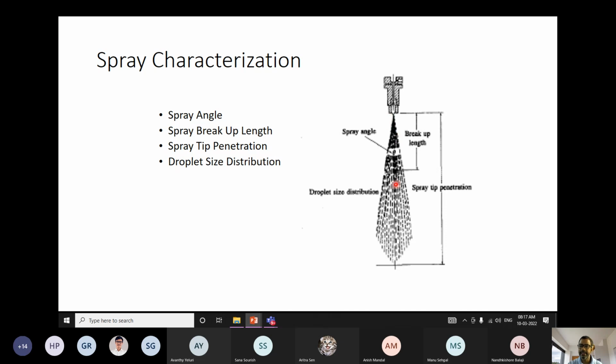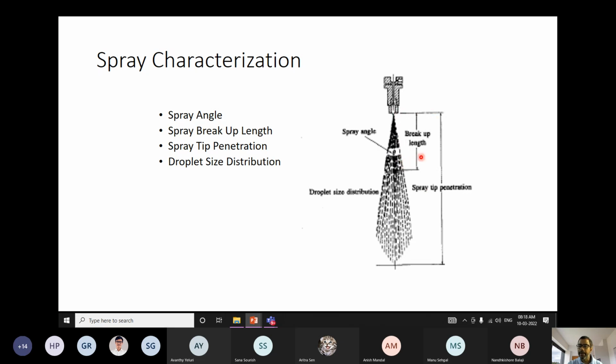There is a certain distance in which the fuel remains in the continuous liquid phase. The distance between the tip of the injector and the point at which the fuel goes into the disintegration process is called the breakup length. In the breakup length, essentially the fuel remains in the continuous liquid phase, and after that it goes to the atomization process.